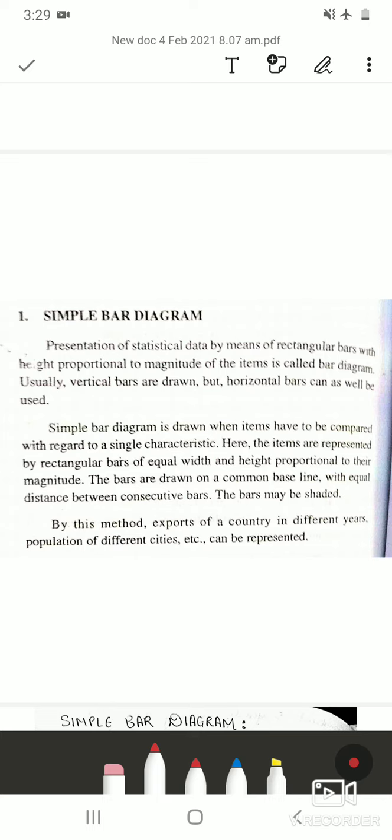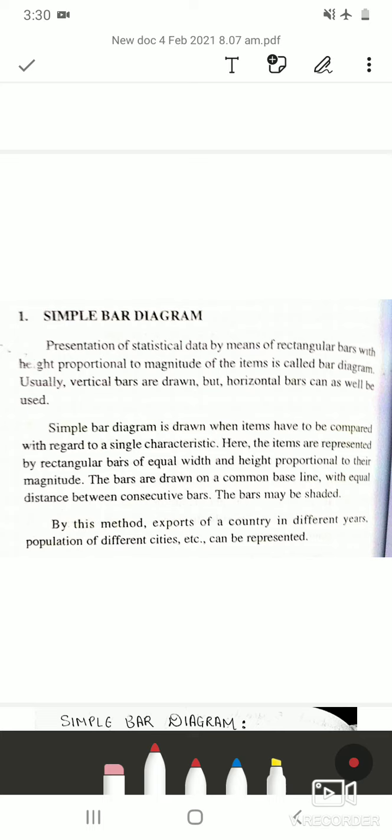So in this simple bar diagram, we represent statistical data by means of rectangular bars with a height proportional to the magnitude of the items, and it is called a bar diagram. So whatever the data is given, for example year and the corresponding values, the years will be taken on the x-axis and the values will be taken on the y-axis.